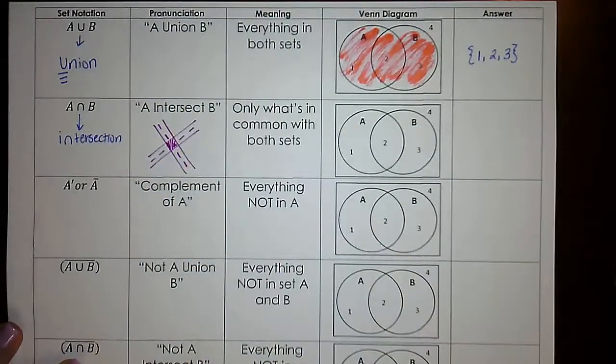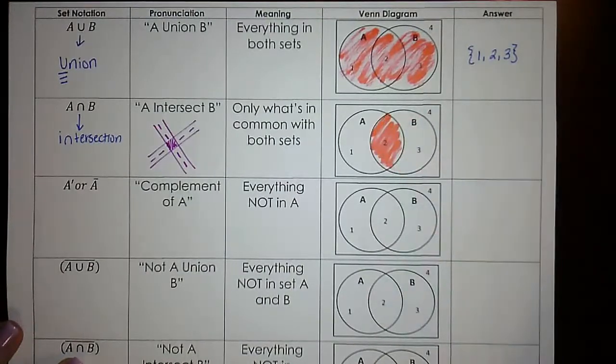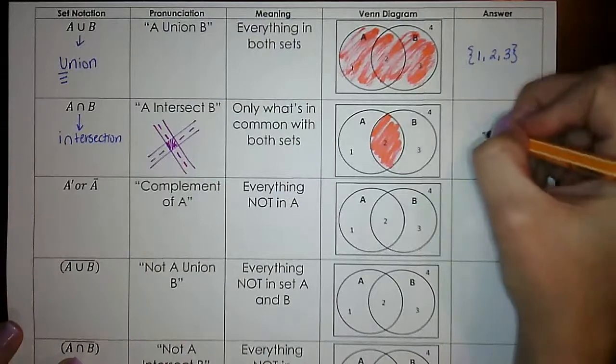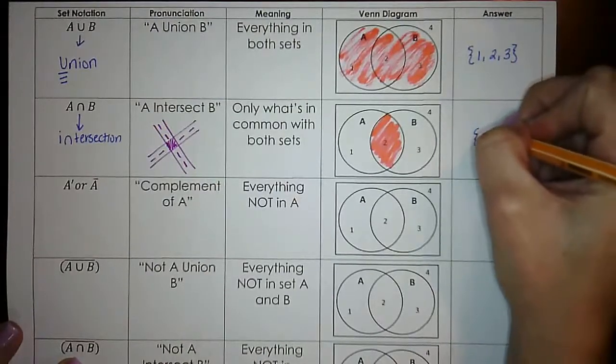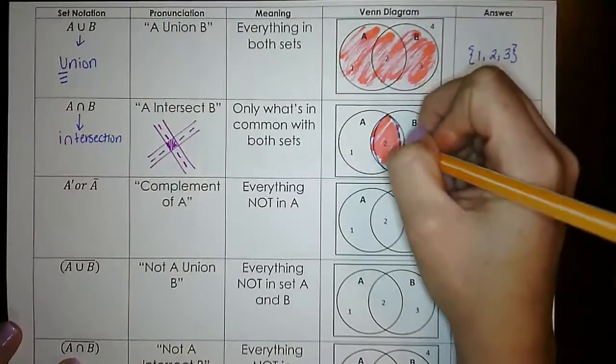Same thing happens when we're talking about sets and probability. So our solution set to this is just 2. It's only where they overlap. So this is our solution.